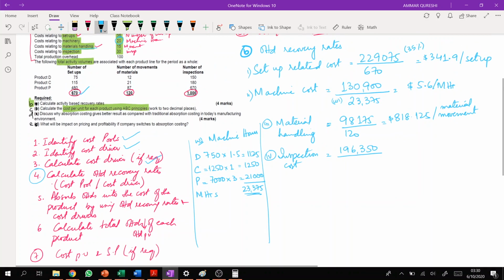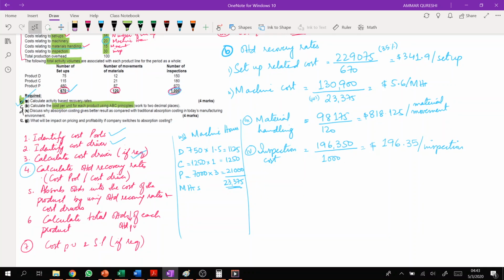Divided by what? Divided by total number of inspections, which are 1,000. So we'll divide it with 1,000. And we will get 196.35 per inspection. Right? So this is basically part B.